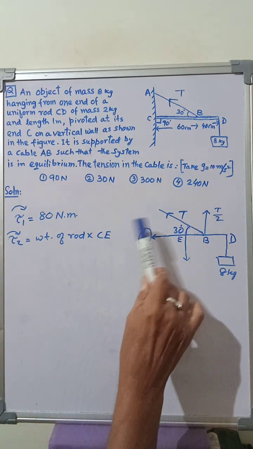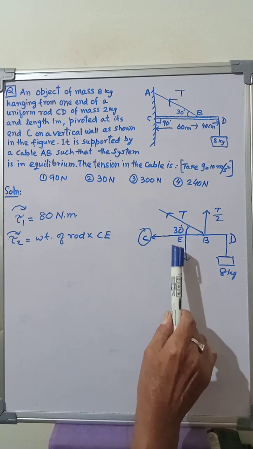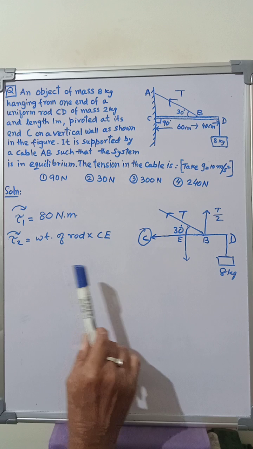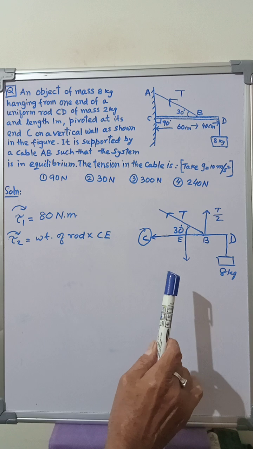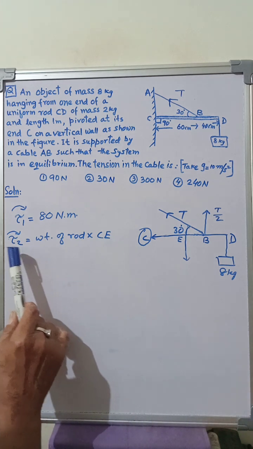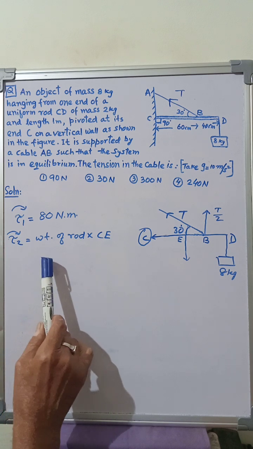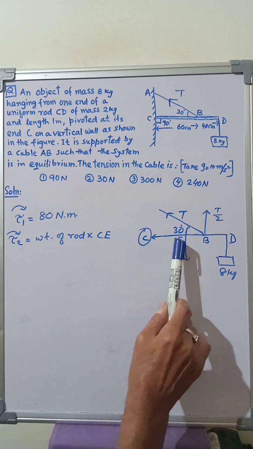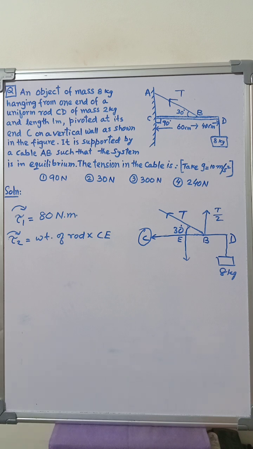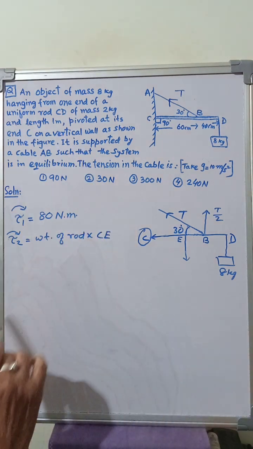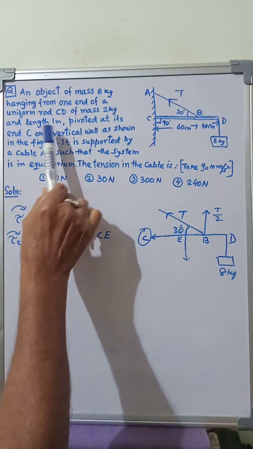Now the second clockwise torque is due to the weight of the rod, which is acting at the midpoint. Let us designate it as E. Therefore, vertically downward from E, the torque, let's designate it as tau 2, is equal to the weight of the rod into the distance CE. E is the midpoint of CD. It is given in the question that the mass of the rod is equal to 2 kg and its length is equal to 1 meter.